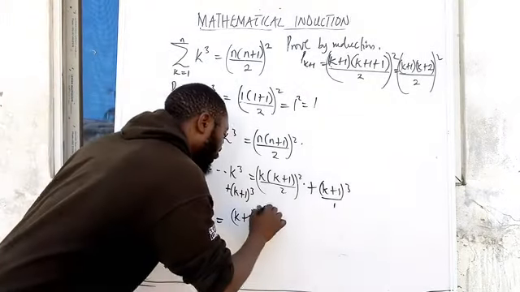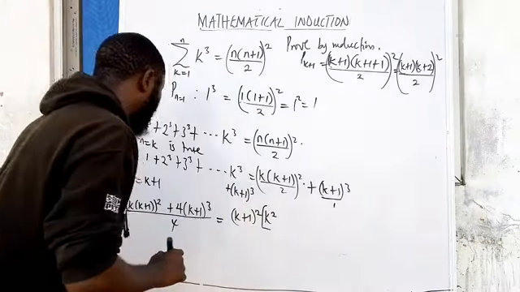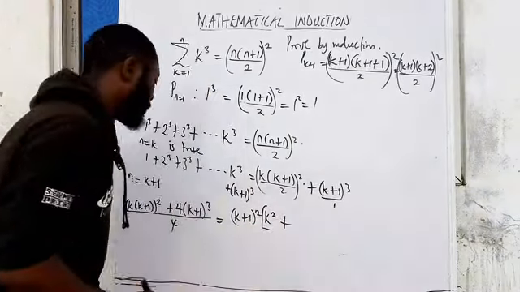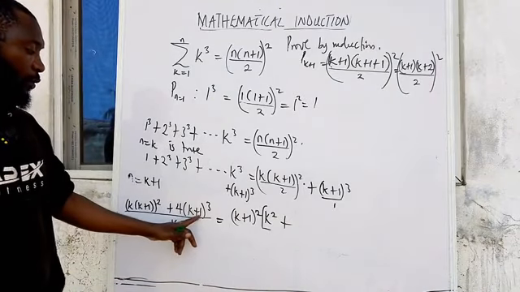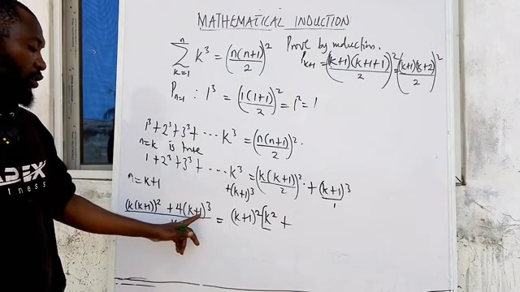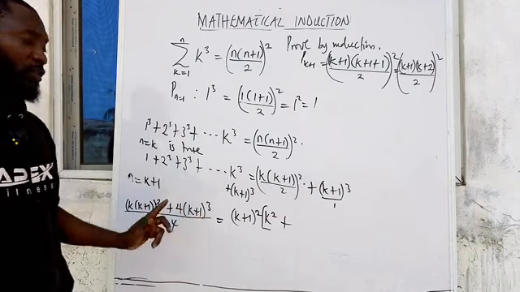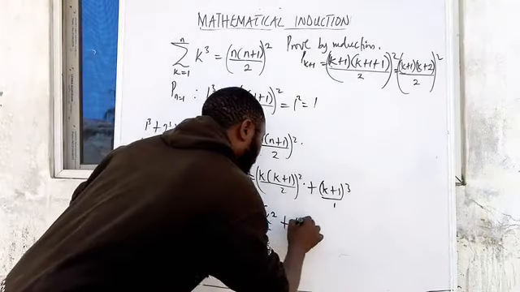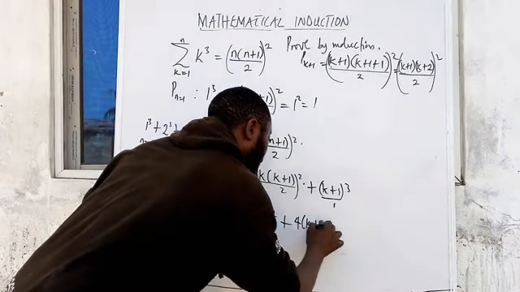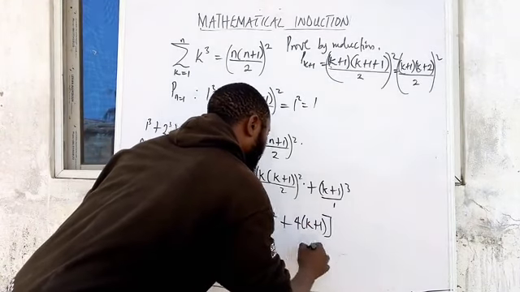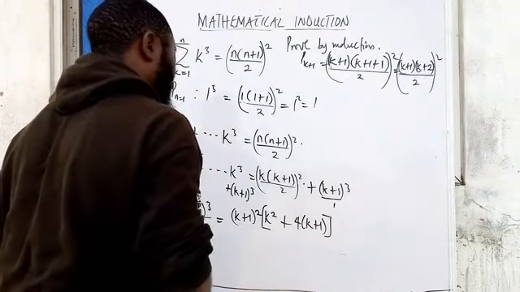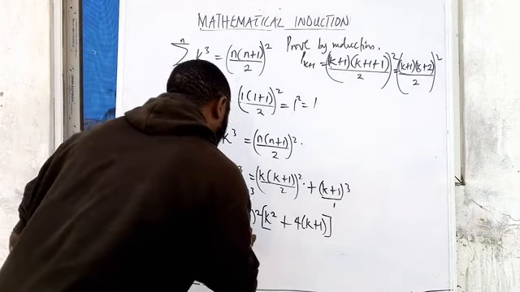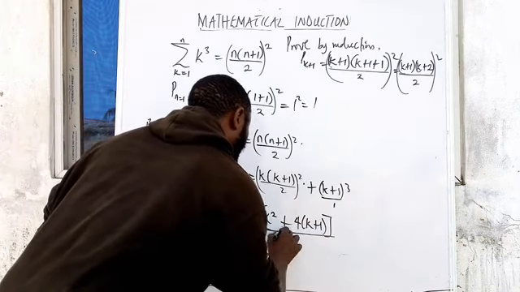So we have k squared plus, we took out k plus 1 raised to the power of 2, over k plus 1, so plus 4 times k plus 1. And this is what we have, everything divided by 4 again.